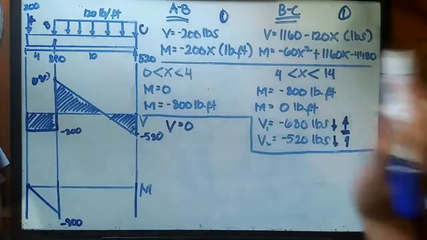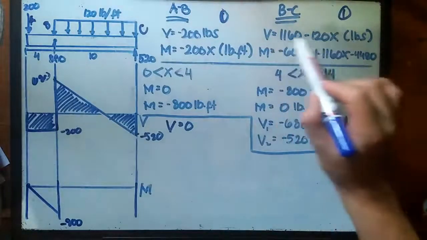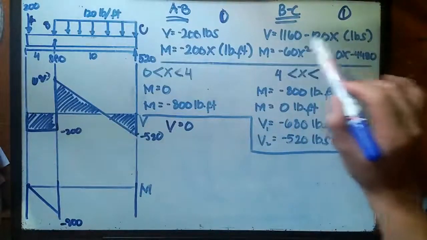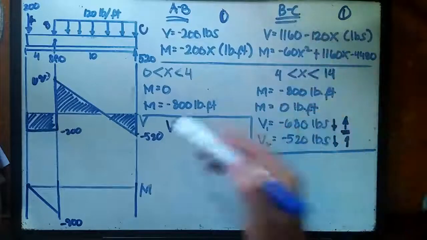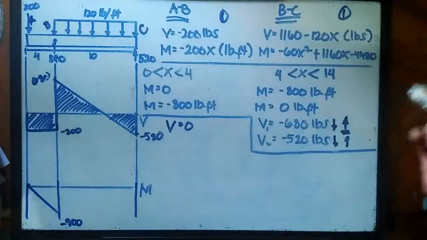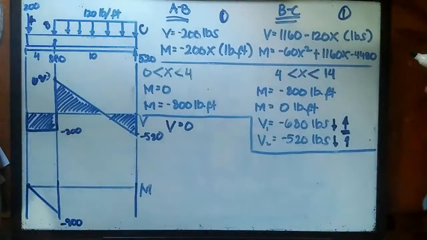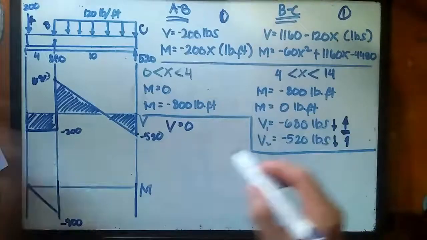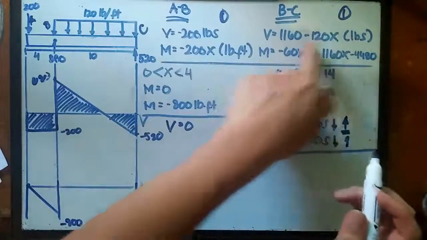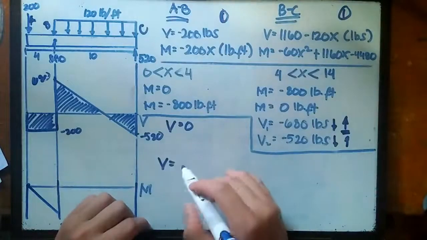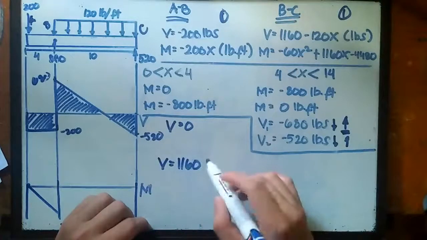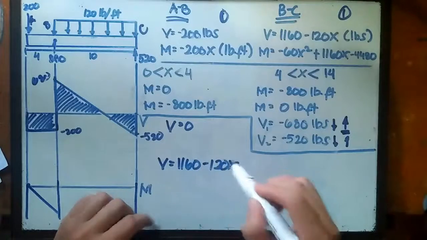Well, we're going to use this formula for the shear equation that we managed to solve for segment B dash C. Okay, so as I mentioned, if shear load is 0, that is the location where the maximum bending load can be found. So taking into consideration this formula, V is equal to 1160 minus 120x.